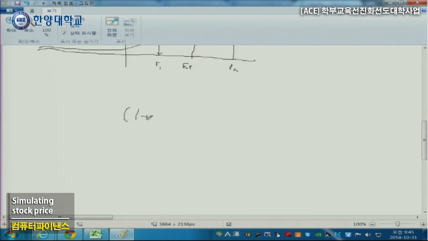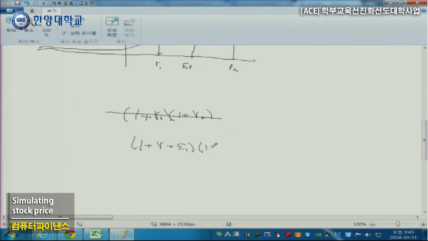1 plus R1. Let's think about 1 plus R2. Okay, and then more correctly, let's think about 1 plus R plus epsilon 1. Epsilon 1 is a random number from the standard normal distribution.